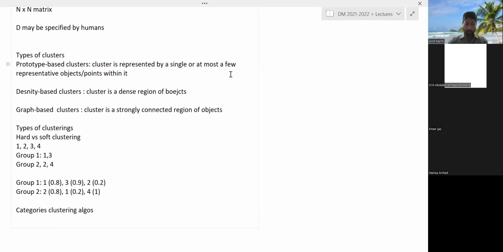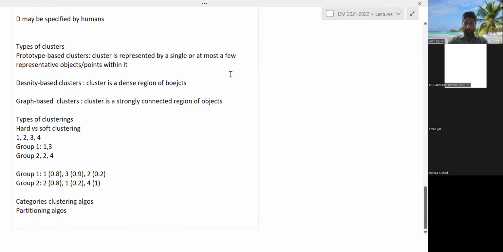So we will use one technique, which is partitioning algorithms. So this is one category of algorithms that work by partitioning the data set.